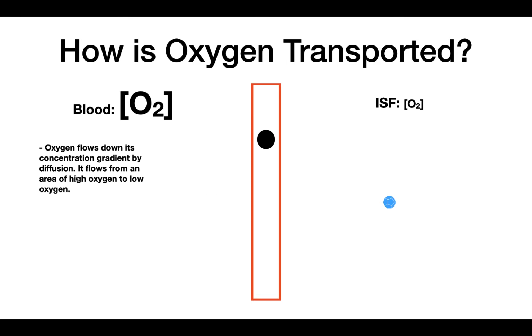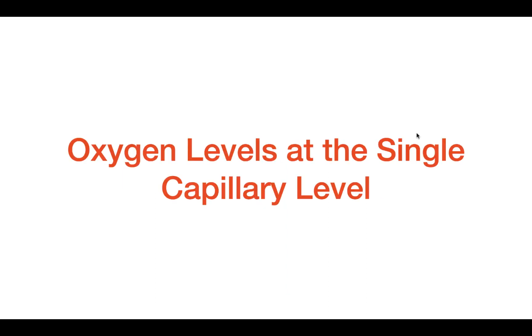So in other words, oxygen flows down its concentration gradient by diffusion, from an area of high oxygen levels, which is the blood, to an area of low oxygen levels, which is the interstitial fluid.